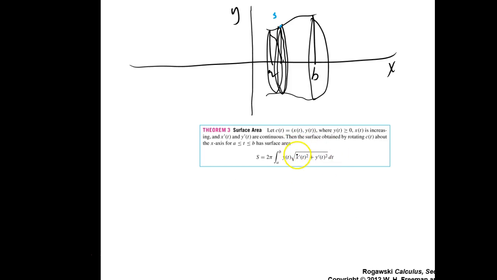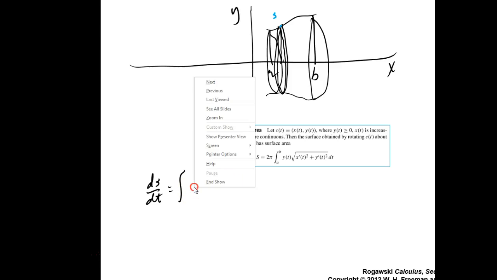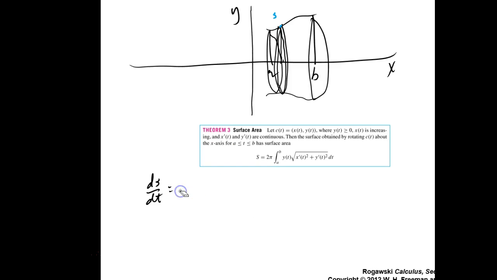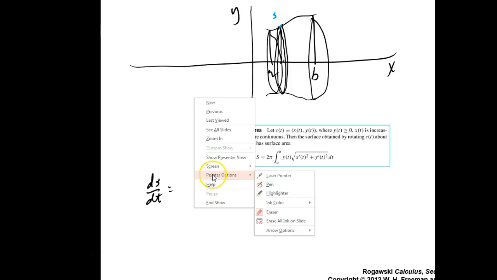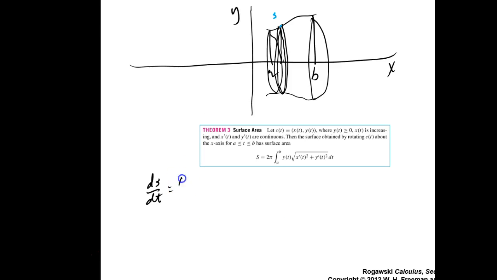This part right here is your ds. No, I'm sorry, not the integral, the square root. This is the square root of x prime squared of t plus y prime squared of t. That's what your incremental ds is, from above.